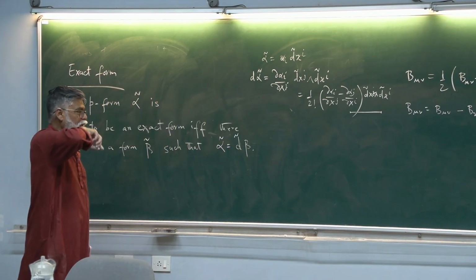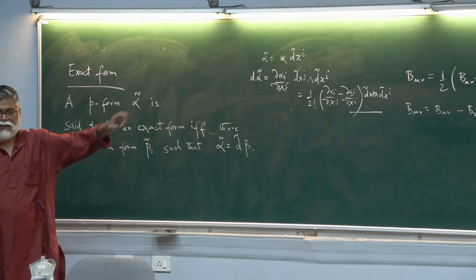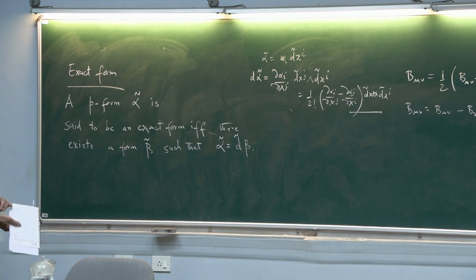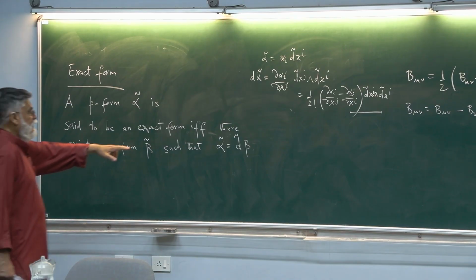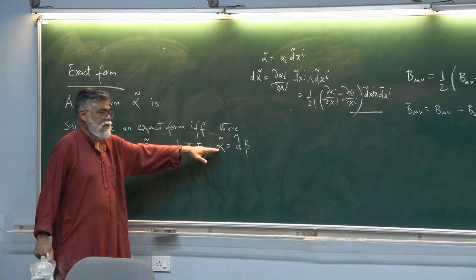We were actually discussing all that, but with respect to zero form. So only if you have a form which can be obtained from another form by applying an exterior derivative, only then that form is called exact form.